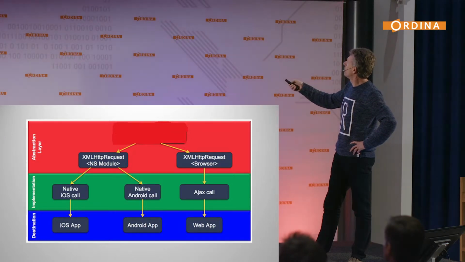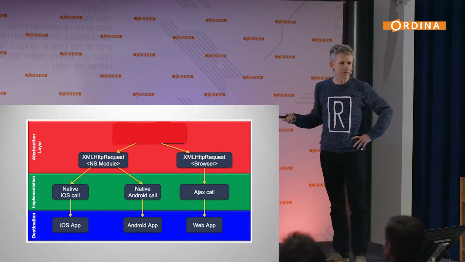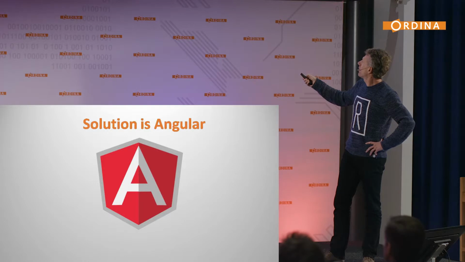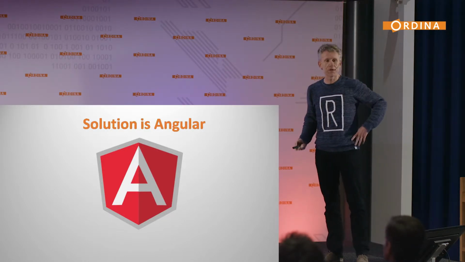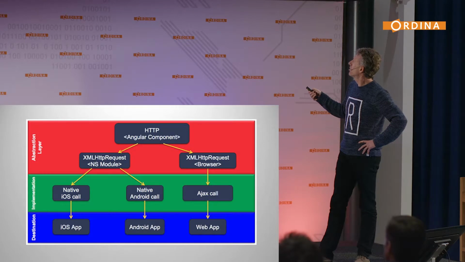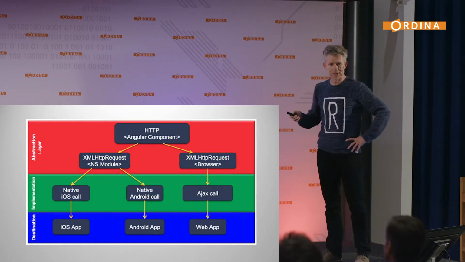The solution is Angular. We add a new abstraction layer in Angular, and they have one HTTP component. It's a very simple example, of course, but you can reuse all your code when you use Angular. You can use this code here, and you can use it there.